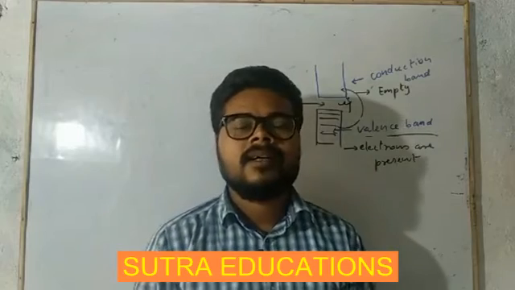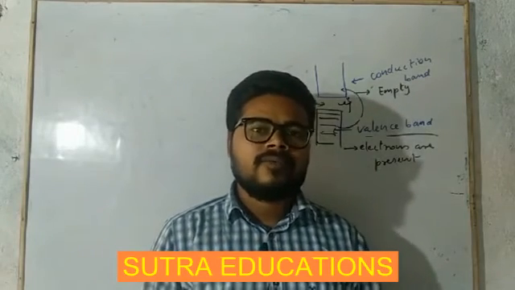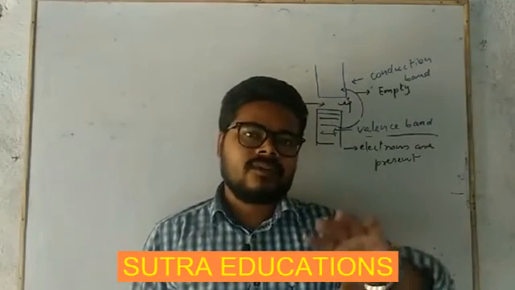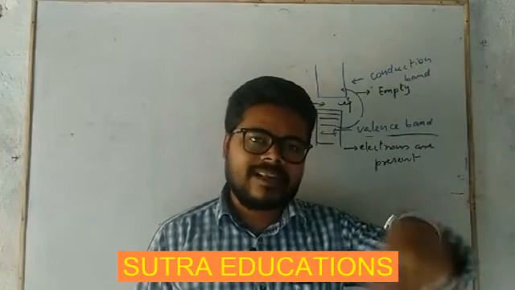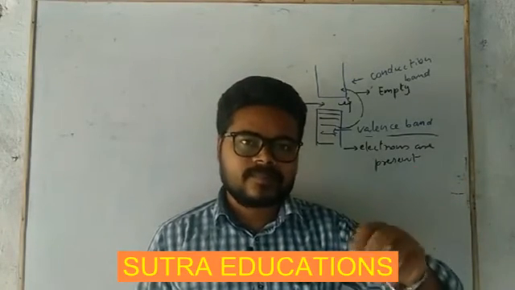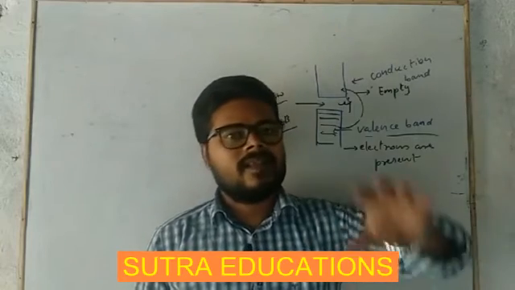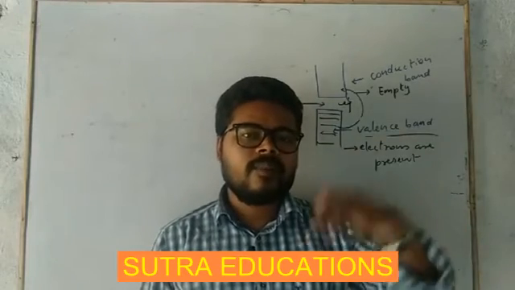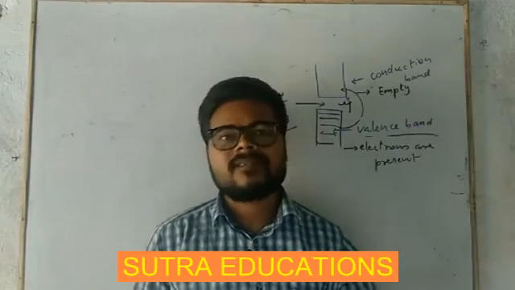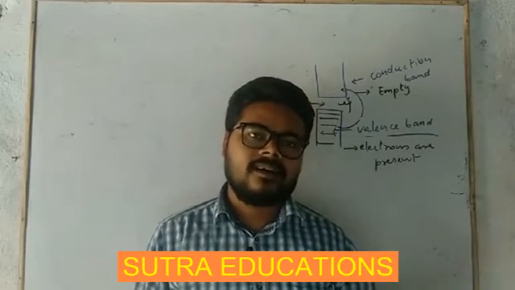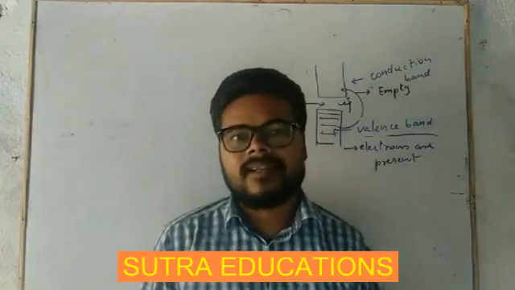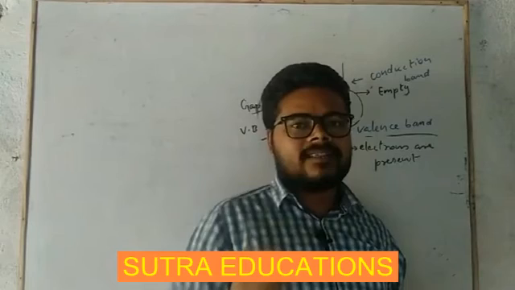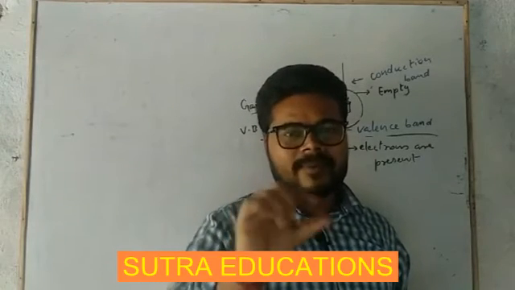The conduction band is empty. When an electron jumps from the valence band after getting energy, the conduction band accepts it, and during this process the flow of electrons takes place, which results in increased conductivity of the material. That's why it is known as the conduction band. The valence band and conduction band have some gap between them.